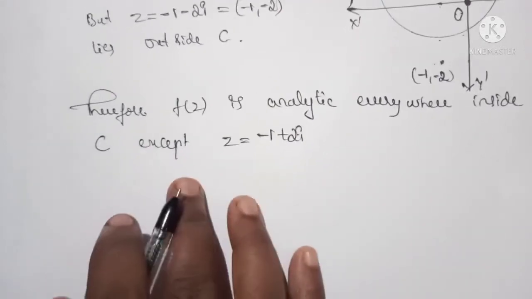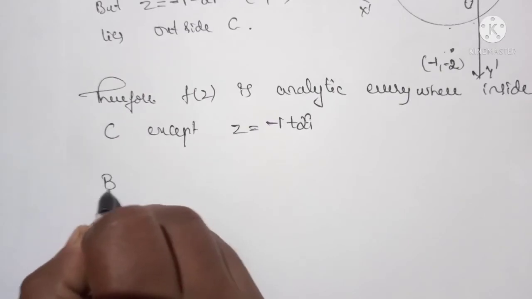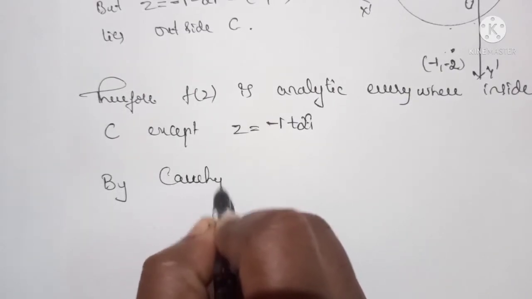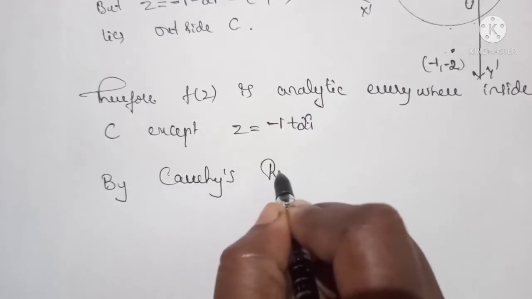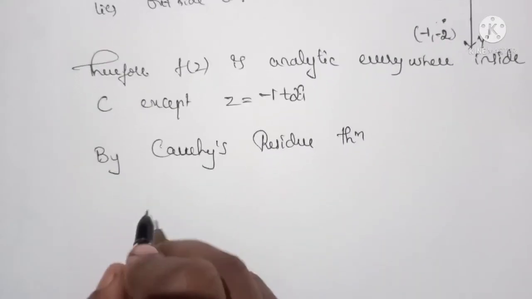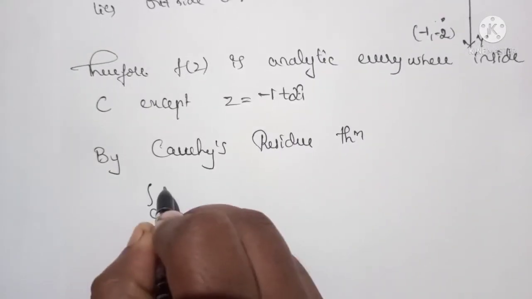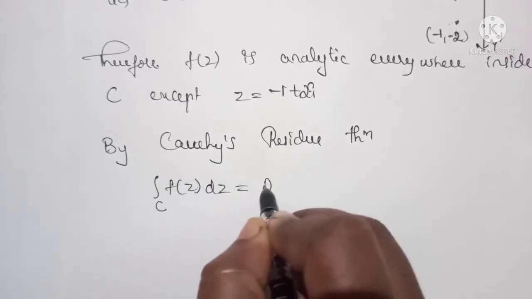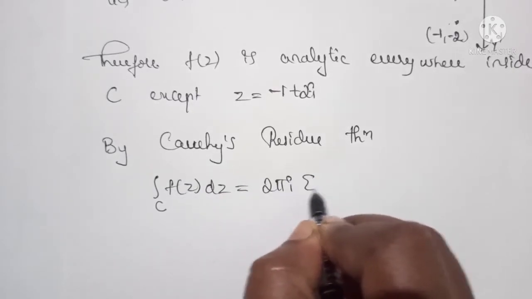Therefore by Cauchy's residue theorem, the integral over C of f of z dz equals 2 pi i times the sum of residues.